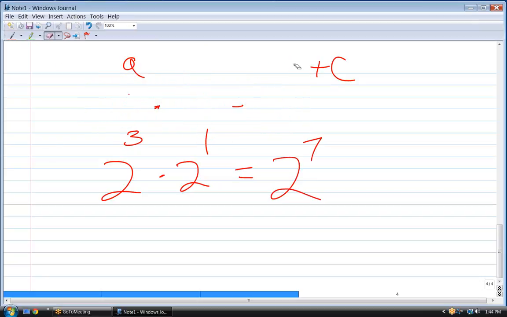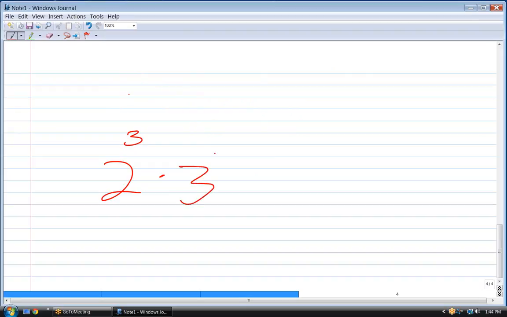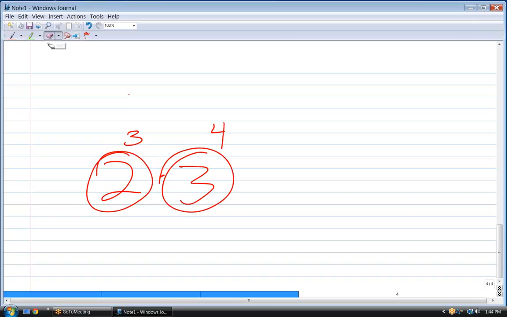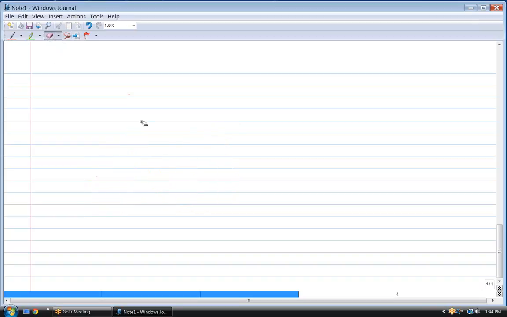Now, if I have a different base, I can't do anything to simplify it. If I have this, well, the 2 is not the same as the 3, so I can't just add the exponents. In fact, I can't simplify it. So these rules for simplifying exponents only work if your base is the same.